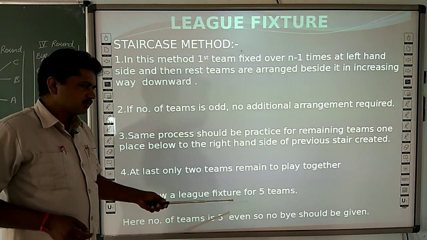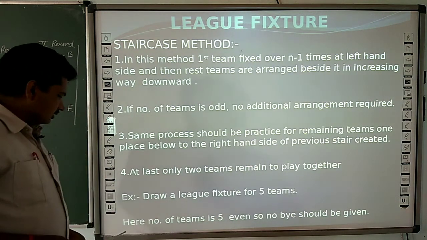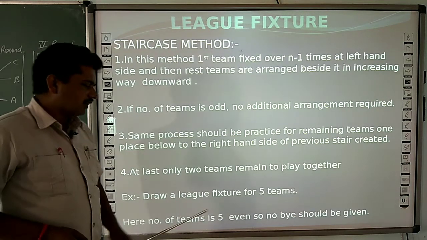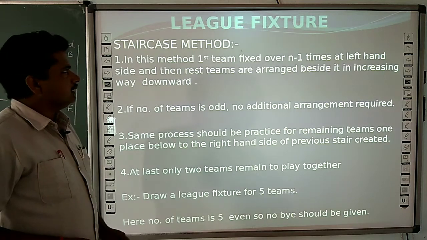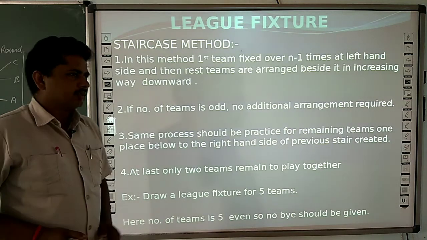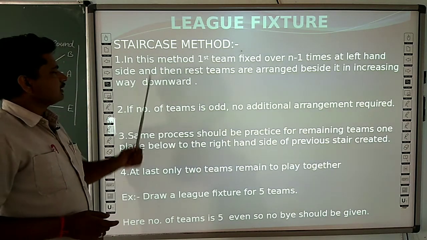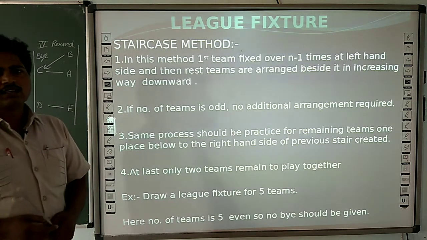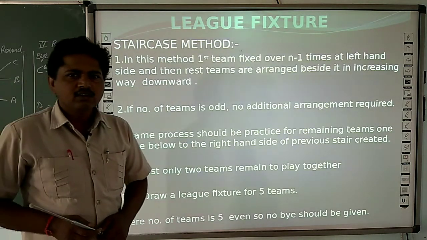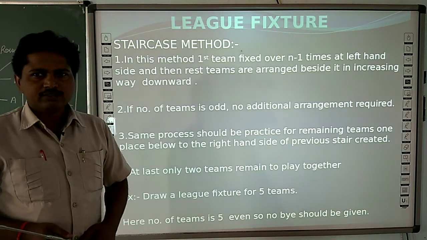Here you find that though the number of teams is 5, still we do not have to provide a bye in this staircase method, and that's why this method should be considered the easiest method of making a fixture for a league tournament.